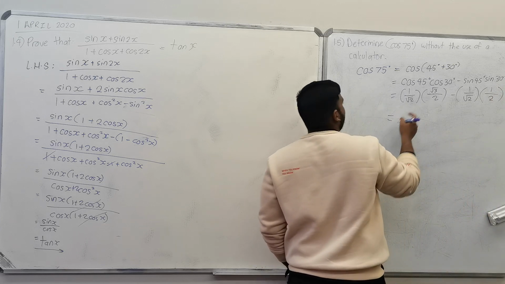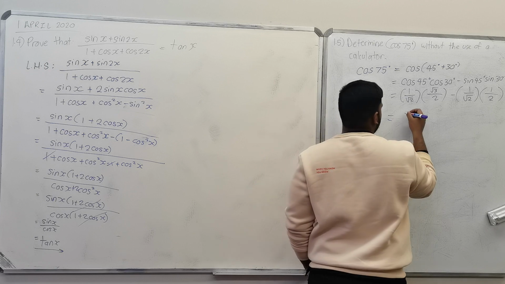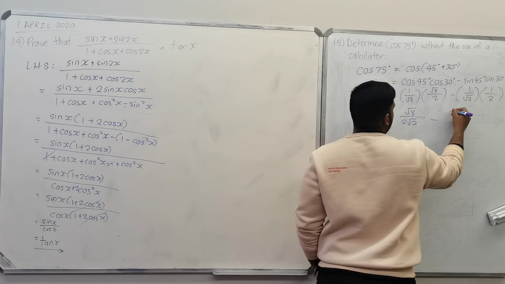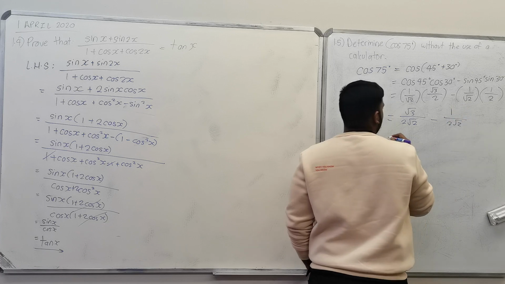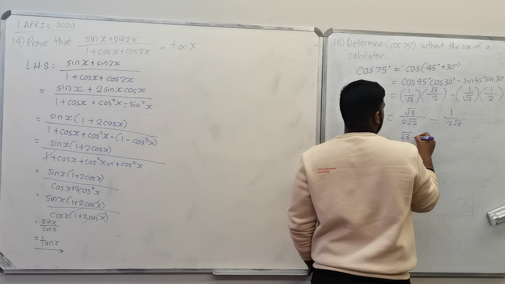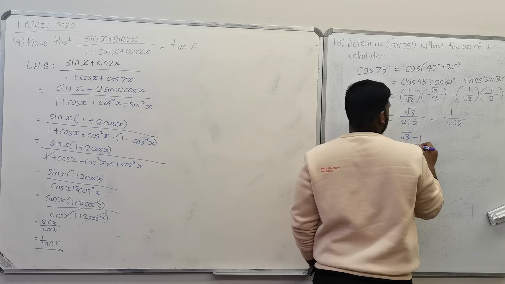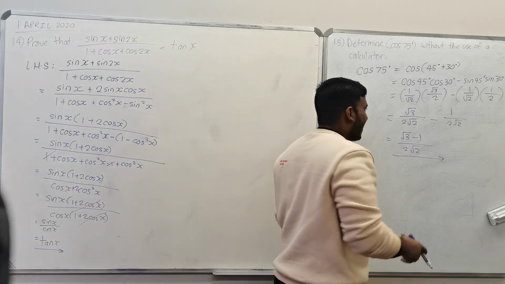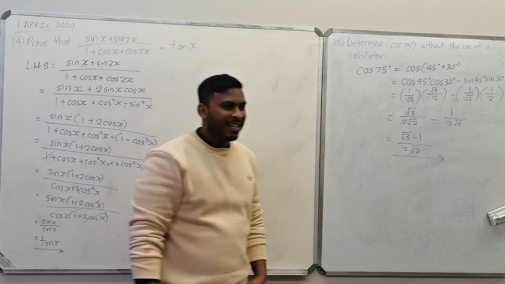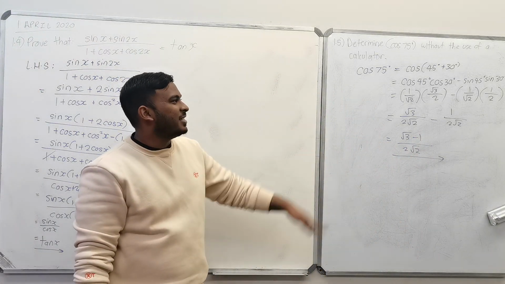What does this become? Root 3 over 2 root 2, minus 1 over 2 root 2, which is equal to root 3 minus 1 over 2 root 2. And that's your answer. This is one easy one to make up for the hard ones.